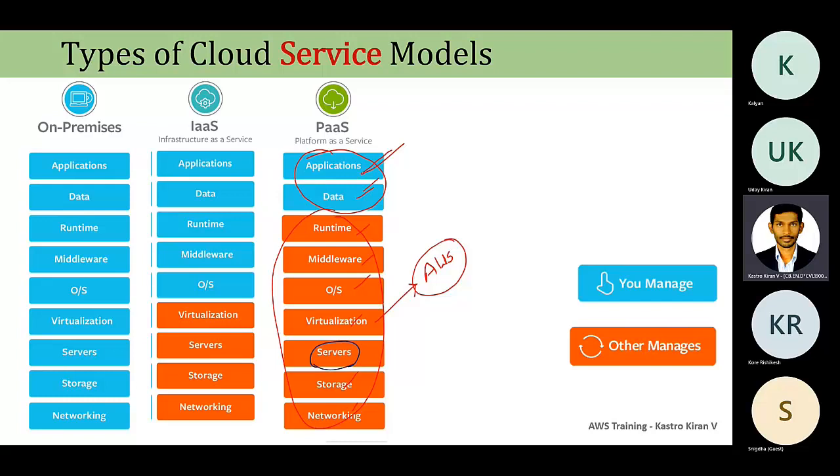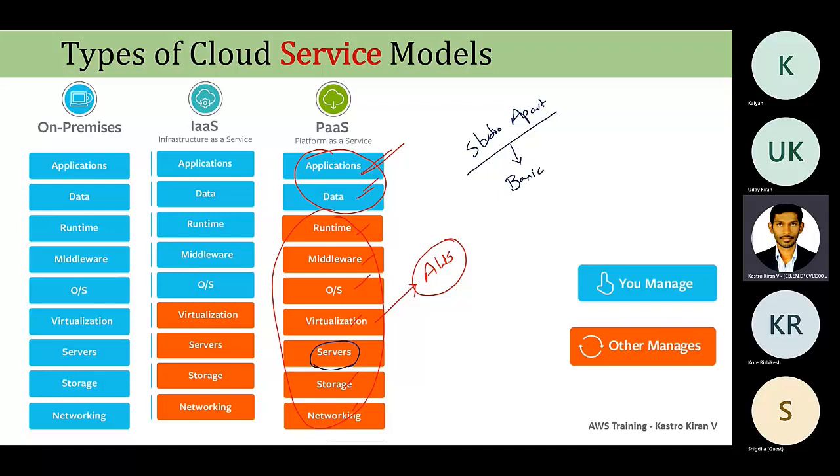So the best example you can take in this case is studio apartments. Let's say studio apartments are a kind of gated community or fully furnished house, you can say. Now what happens with respect to studio apartments? When you buy a studio apartment, they don't just provide the basic amenities.